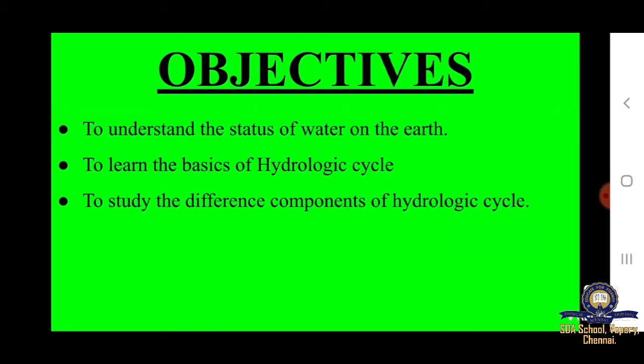Now, let's see the learning objectives. To understand the status of water on the earth, to learn the basics of hydrologic cycle, to study the different components of hydrologic cycle.